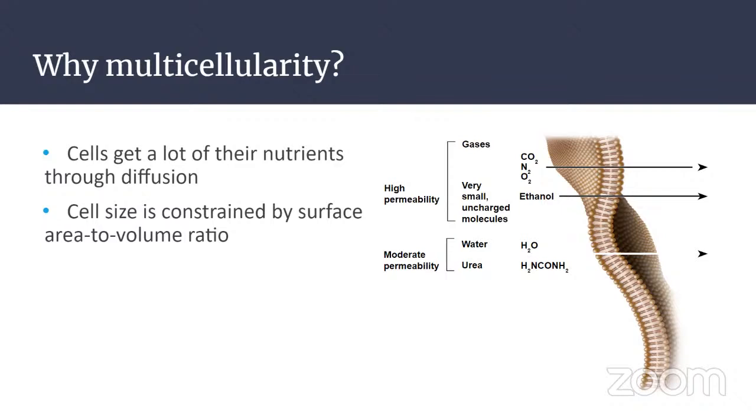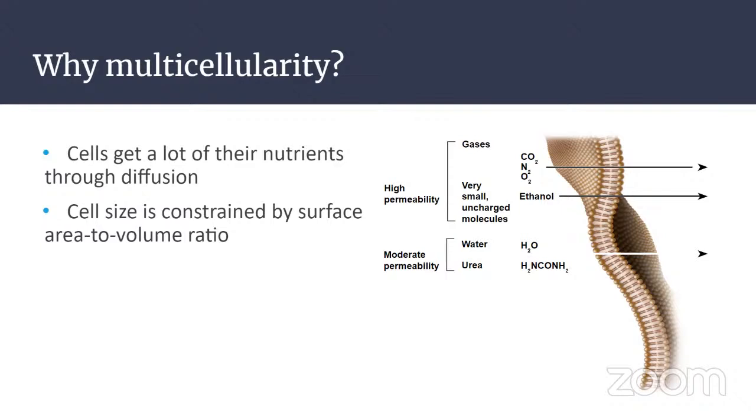But when we're thinking about diffusion, it works essentially by just kind of like waiting until something hits your surface and then moves through. And then you also have to wait for stuff to kind of like diffuse around on the inside through the cytoplasm potentially. Like there's time scales associated there.